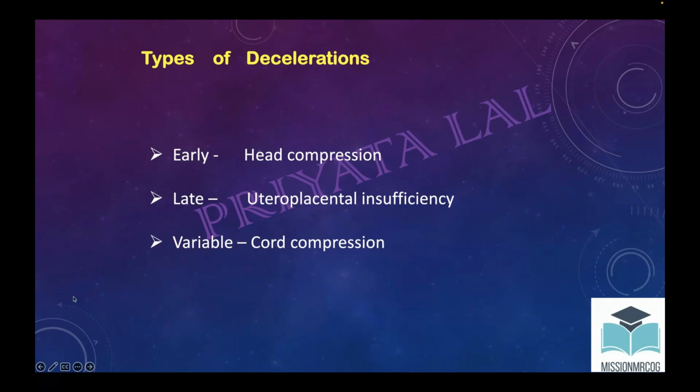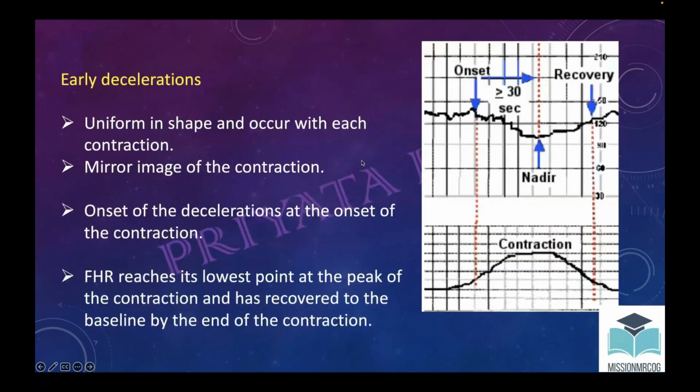Now, early deceleration. Early decelerations are uniform in shape and size. They are a mirror image of the contraction. They will start with the contraction, their nadir will coincide with the peak of contraction, and they will return to baseline when the contraction goes off.